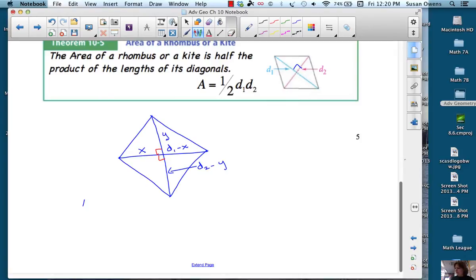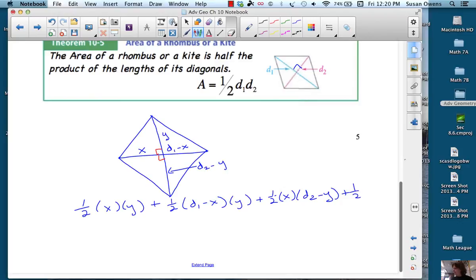So what I have is 1/2 x times y plus 1/2 d1 minus x times y, plus the bottom ones, 1/2 x times d2 minus y, and the last one, this one's going to be longer, plus 1/2 d1 minus x and d2 minus y.